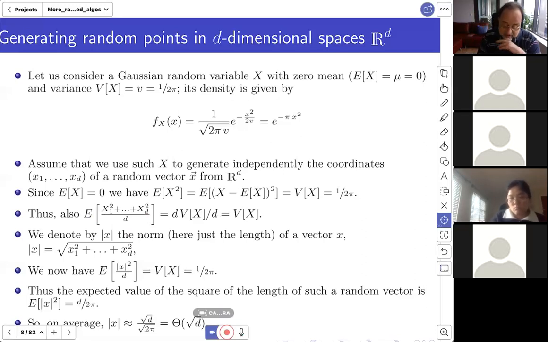Yusuf says, yes, this whole business is just dealing with what's called the curse of dimensionality. All our deterministic methods, for example computing integrals, they all collapse in high dimensional space.